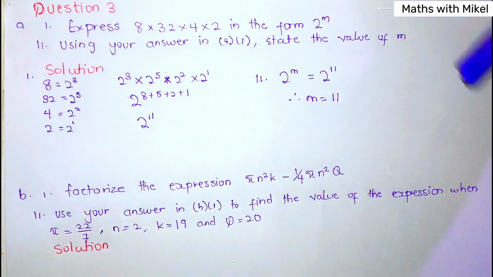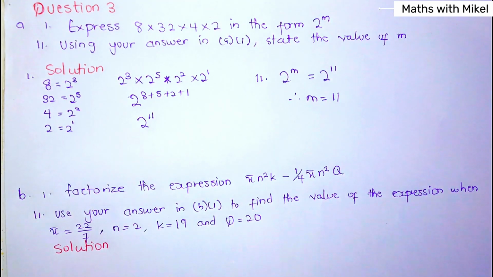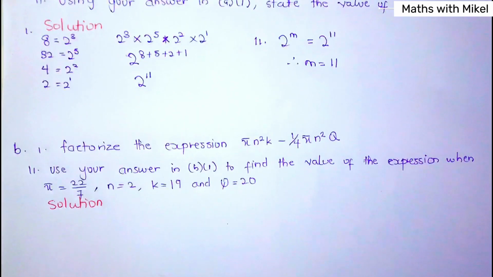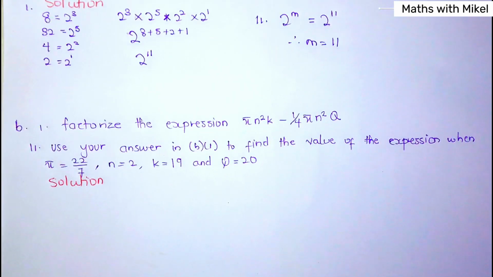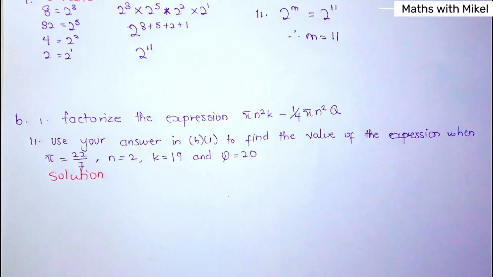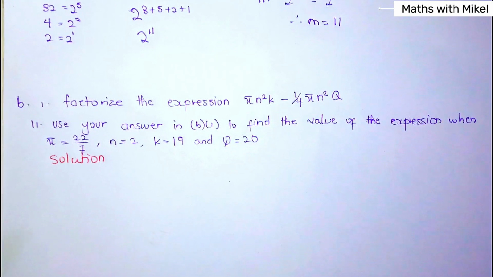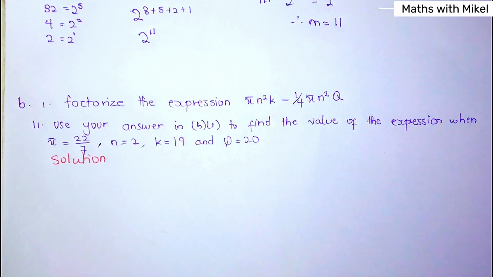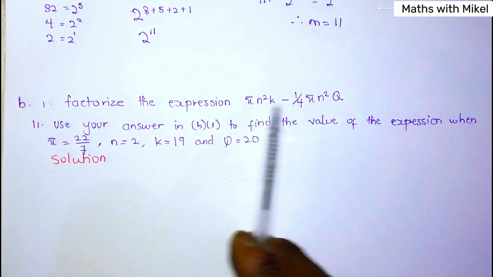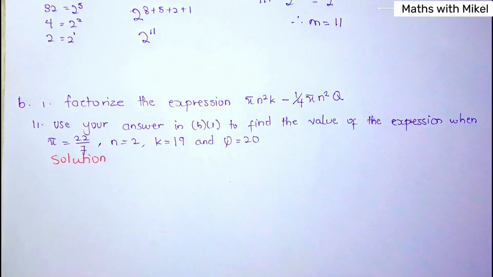We are asked to factorize the expression. So to factorize the expression, we look out for common terms. So we can see pi here, n squared.